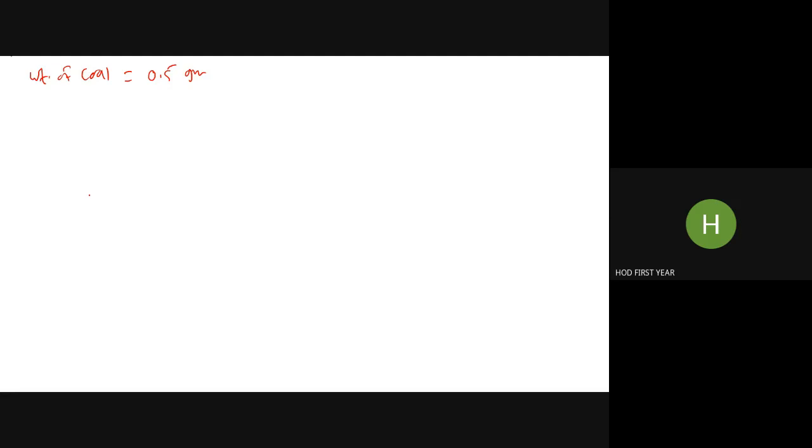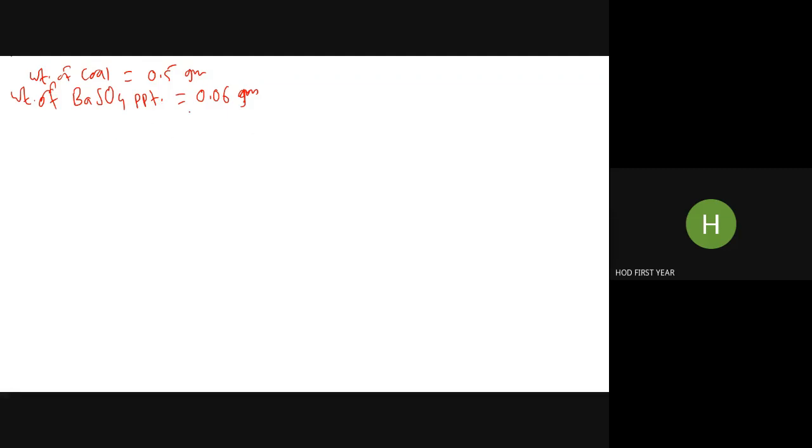It's very simple. To calculate the percentage of sulfur, we need two figures. One is the weight of coal, directly given as 0.5 gram, and another is the weight of barium sulfate precipitate, that is 0.06 gram.